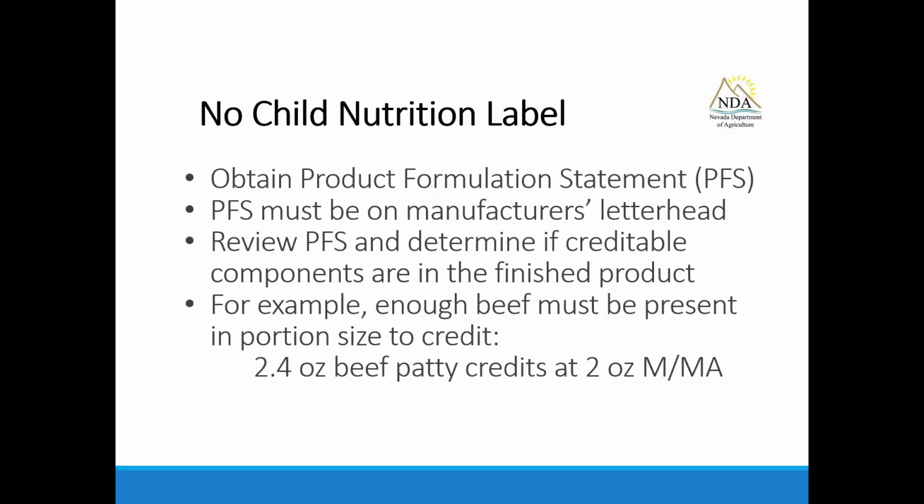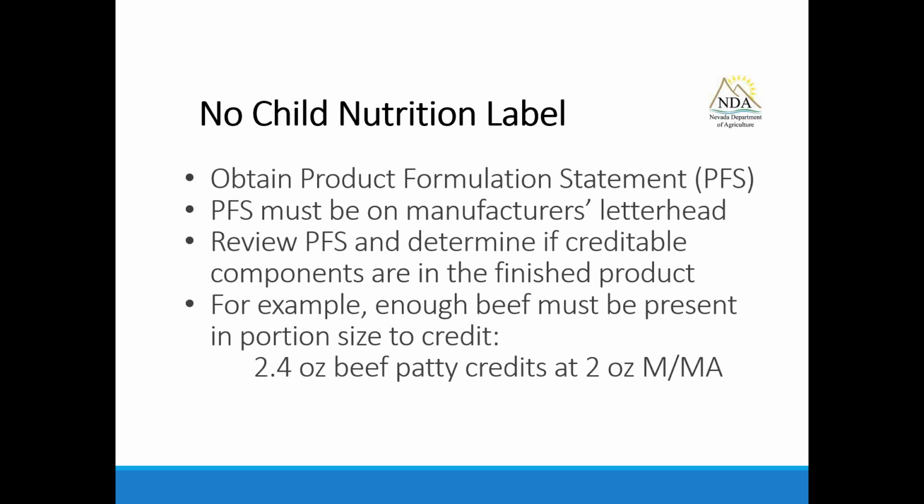So if it has no child nutrition label, one must obtain a product formulation statement, or a PFS. And this lists information on the manufacturer's letterhead. The next step would be to review the PFS and determine if its creditable components are in the finished product.